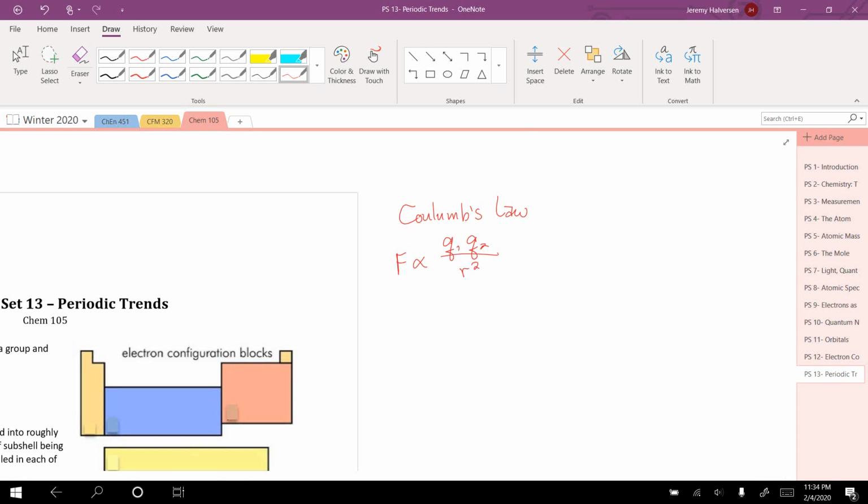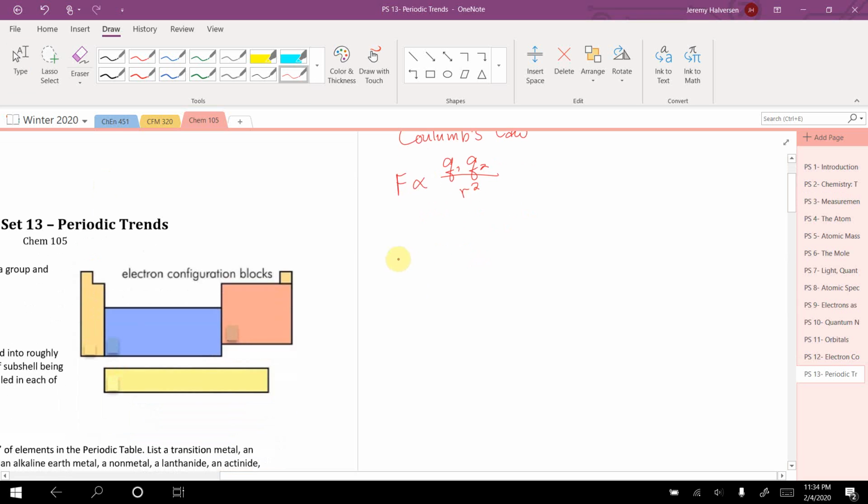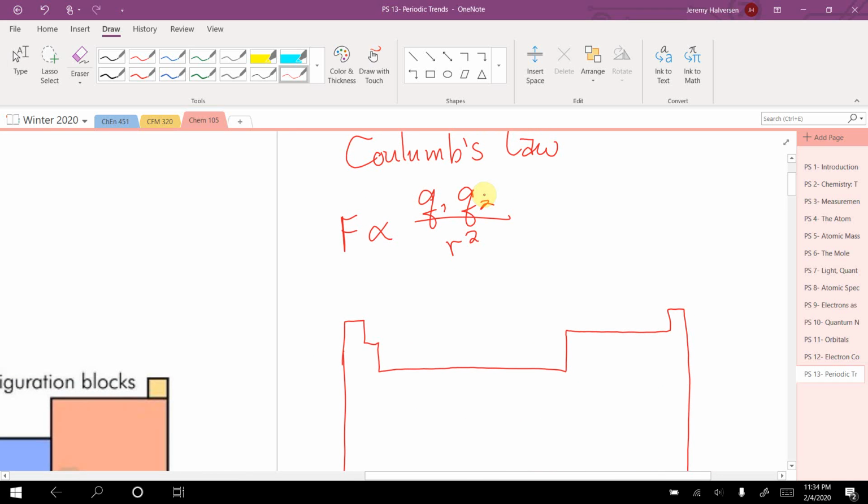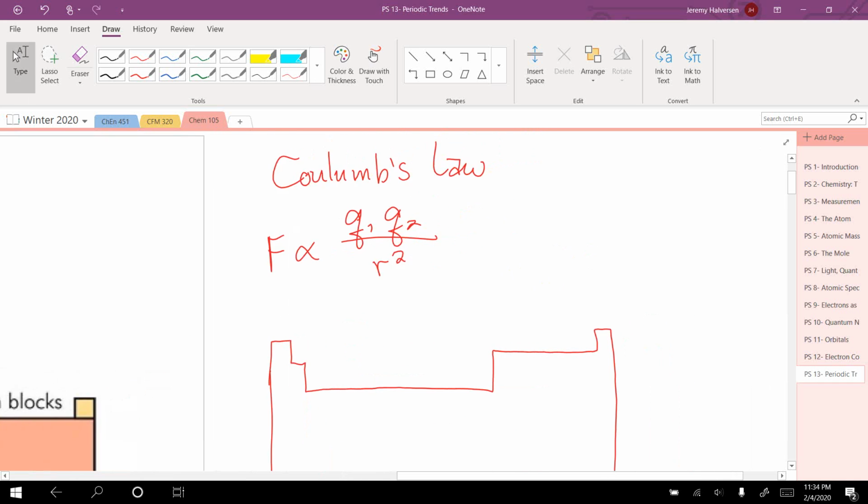So on the periodic table, I'm just going to draw one quickly. Okay, so we've got this periodic table, and for atoms, let's kind of talk about what these variables could be for atoms.